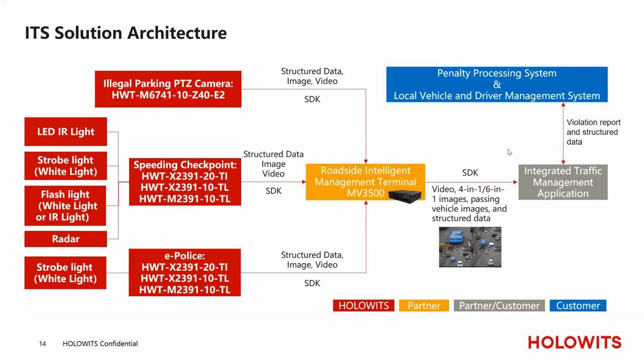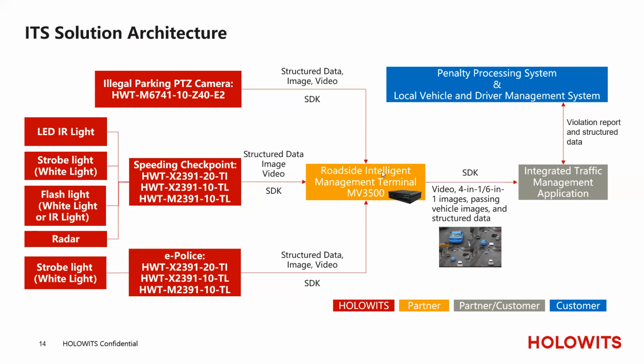This is usually divided by the government, because it's usually for traffic. The government has its own platform because of the law. So why do we make this terminal? Because in different countries, the government or the police station have different management applications. So this is the MA 3500.